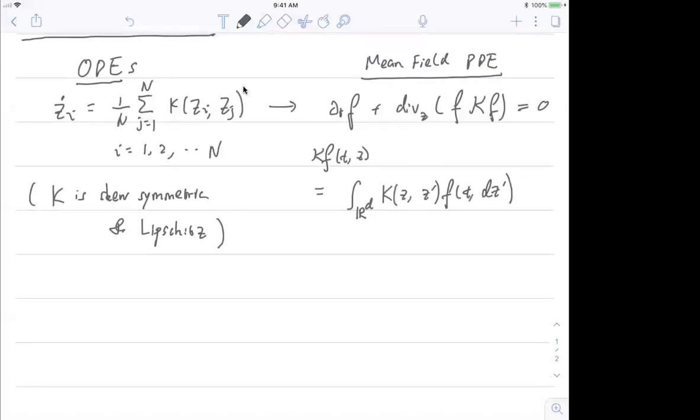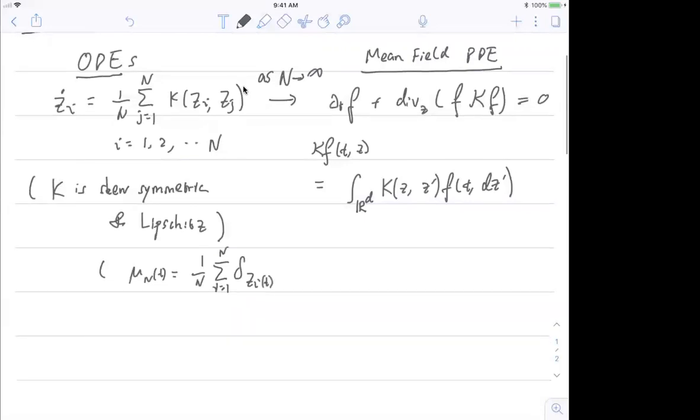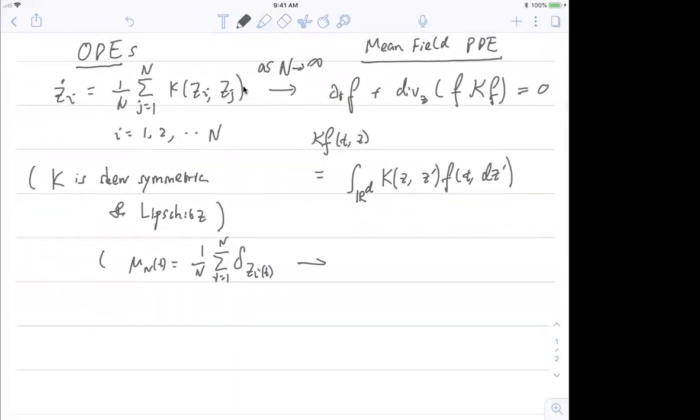Our goal, as in all these courses, is to show the convergence of the empirical measure, or other quantities with the same role as the empirical measure, to F. If you just want to show the convergence of the empirical measure, which depends on time t, it will converge to the solution Ft.